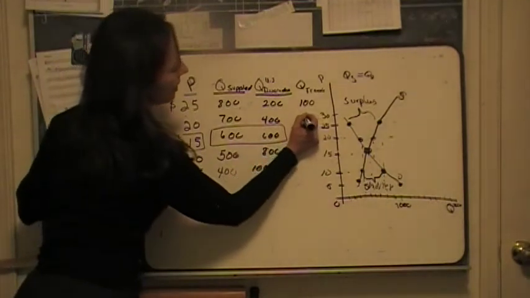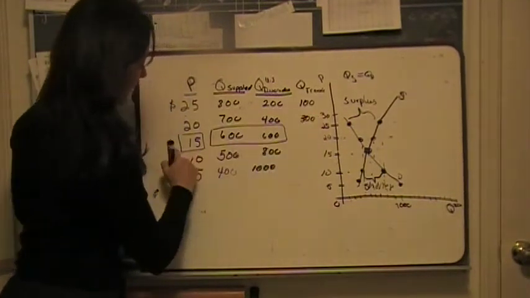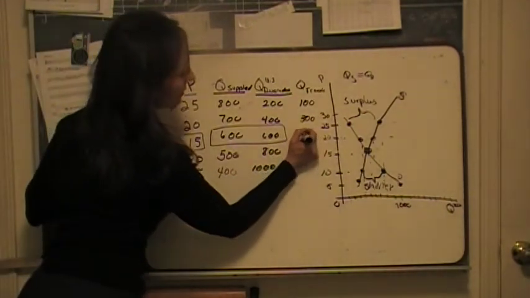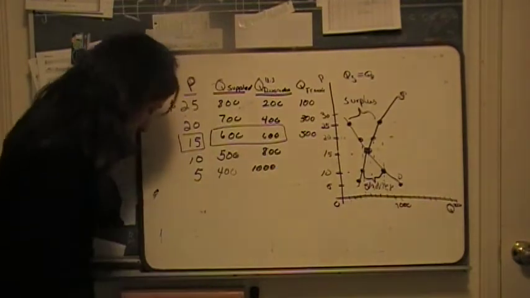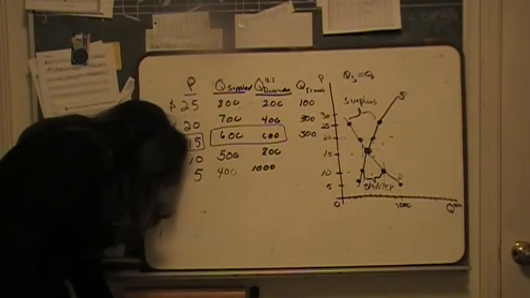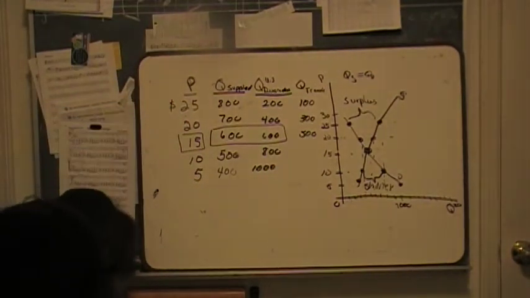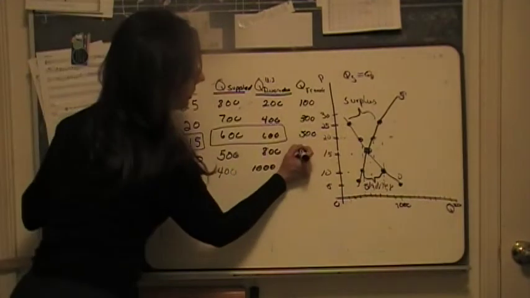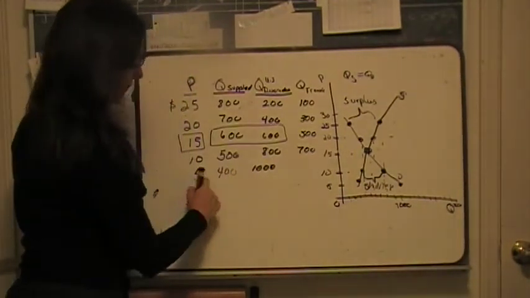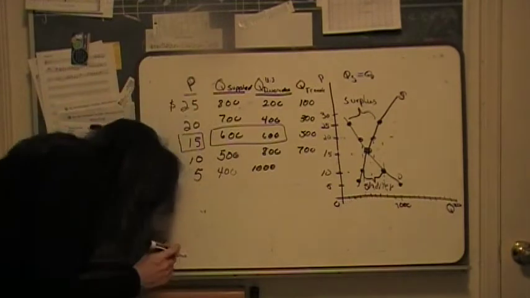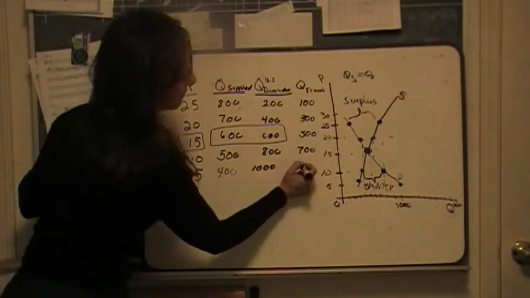At $20, 300 pounds of lobster are demanded. At $15, 500 pounds. At $10, 700 pounds are demanded. And at $5, I think it is 900 pounds.